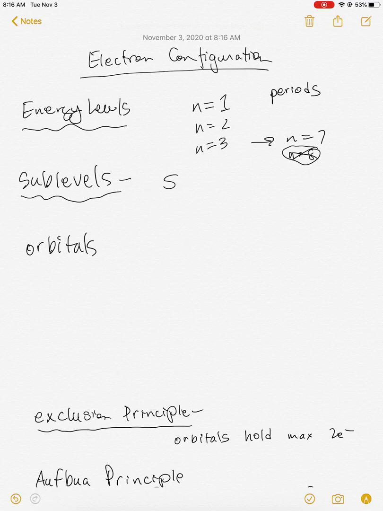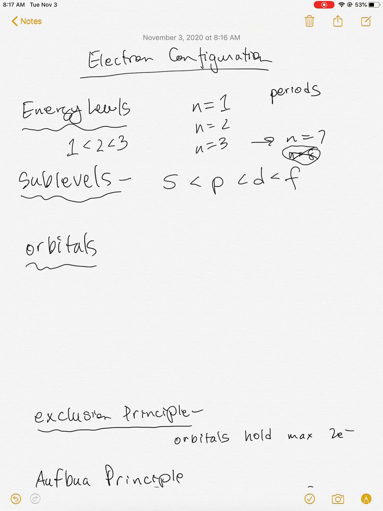S is the lowest energy, then P, then D, then F. And by the way, in energy levels, 1 is lower than 2, is lower than 3, etc. So in terms of our analogy, you live in the United States, but your sublevel is Virginia, for most of you. Now, exactly where do you live, though?